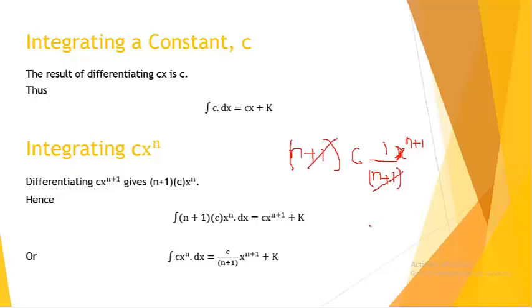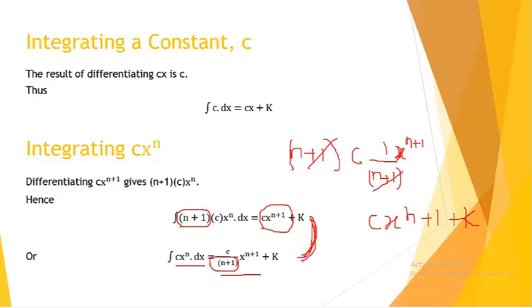So we get an answer as cx^(n+1), which is what we have got here. And with the answer, we get an arbitrary constant of k. We do not get the constant n+1 like what we have got in this equation. So the n+1 would be there as the denominator of the answer. So they both are actually the same. Some terms have been placed in different orders.